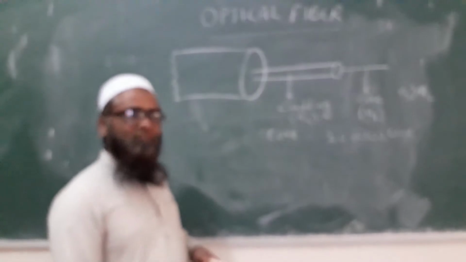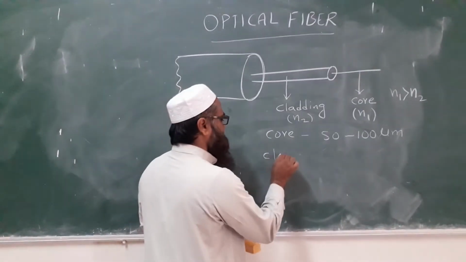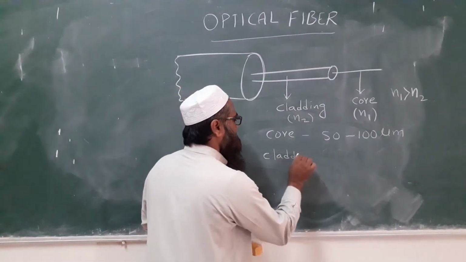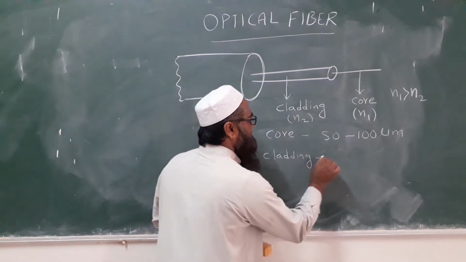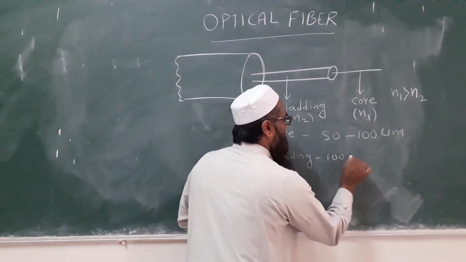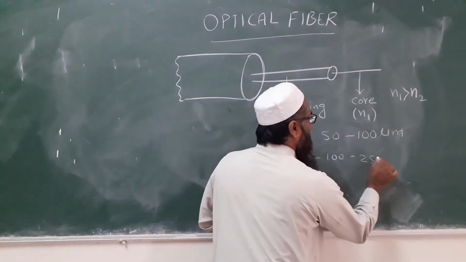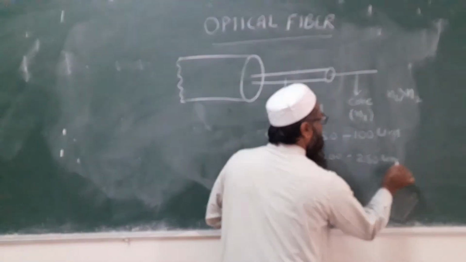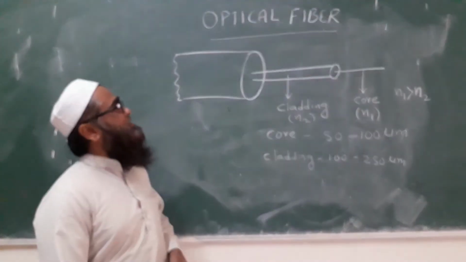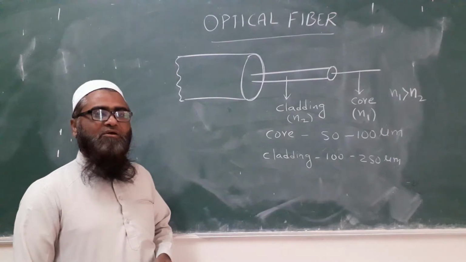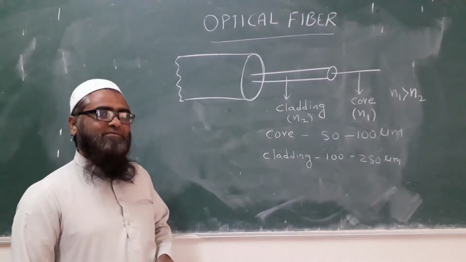The dimension of the cladding is 100 to 250 micrometers. So this is about the construction of an optical fiber.